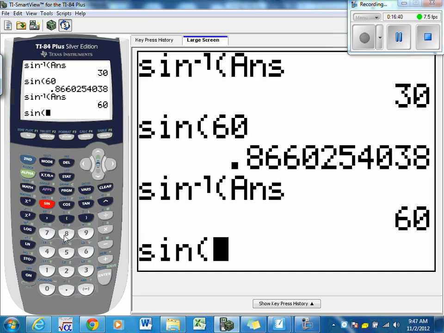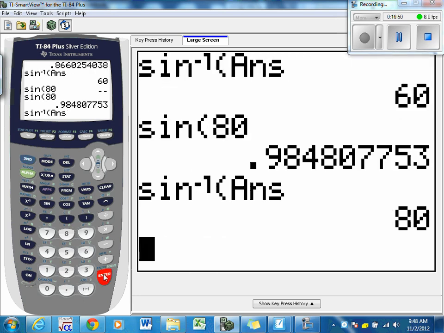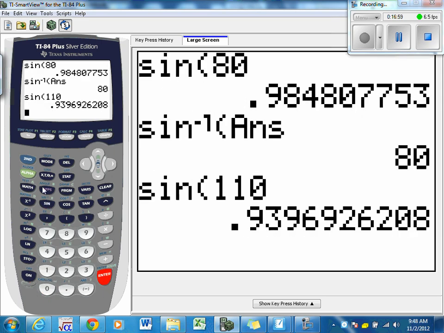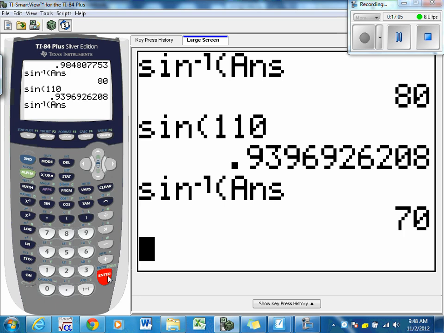If I do sine of 80, and then I do inverse sine of my answer, I get 80. If I do the sine of 110, and then I do inverse sine of my answer, I don't get 110. I only got 70.